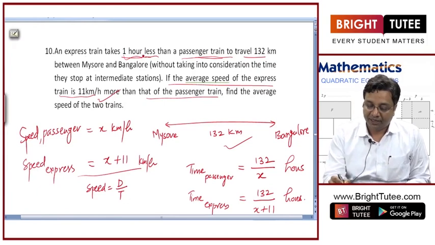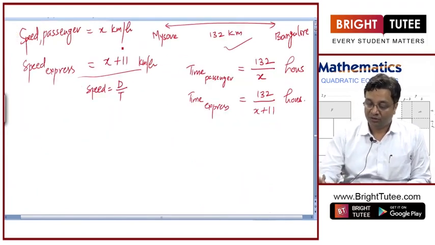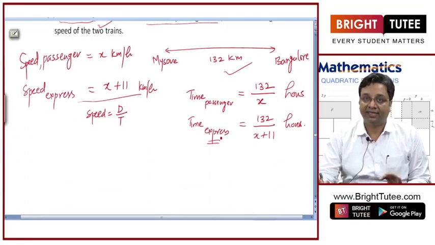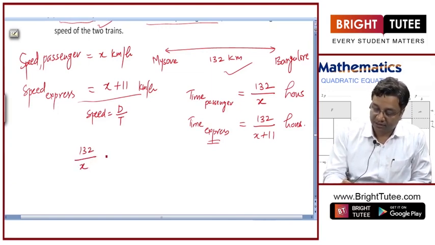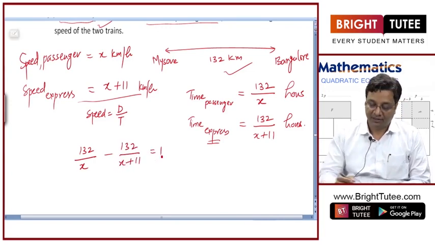What is the difference in these times? 1 hour, right? So the express train takes 1 hour less than the passenger train. So I can say 132 by x minus 132 by x plus 11 is equal to 1, right?